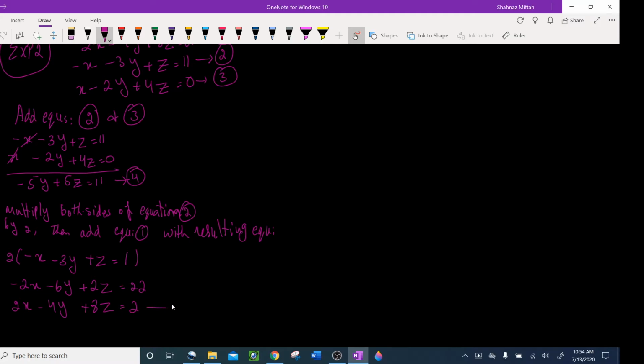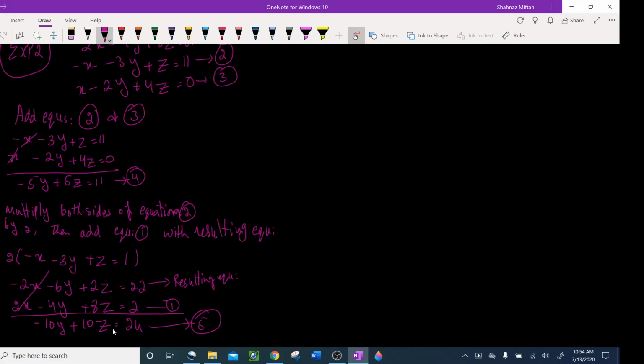This was my equation number 1, and I'm adding it with the resulting equation. Now let's add, they cancel out, and I'm left with negative 10y plus 10z, and this is 24. And I can call this equation number 5.